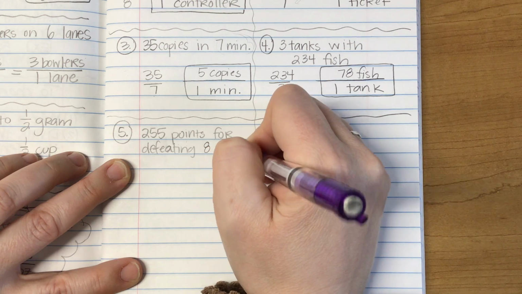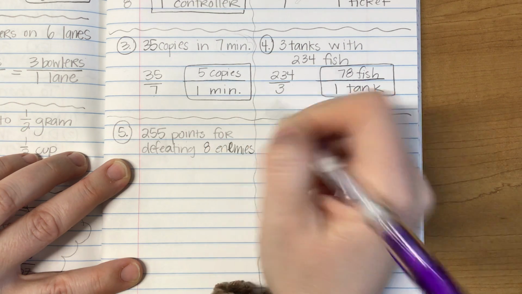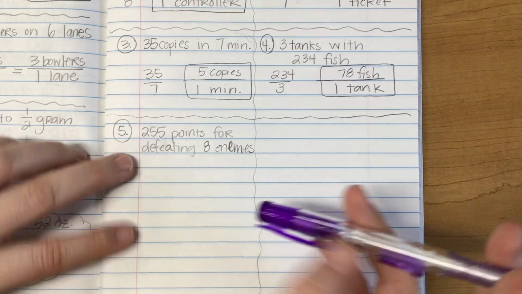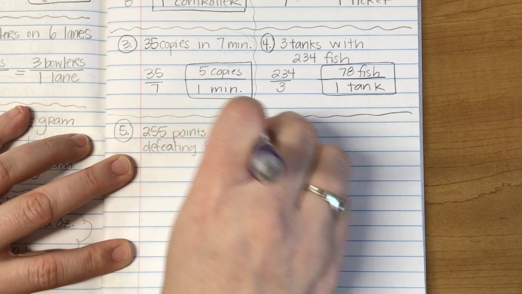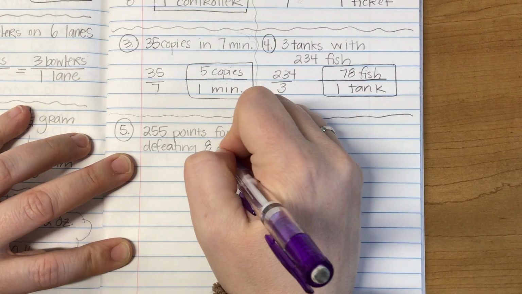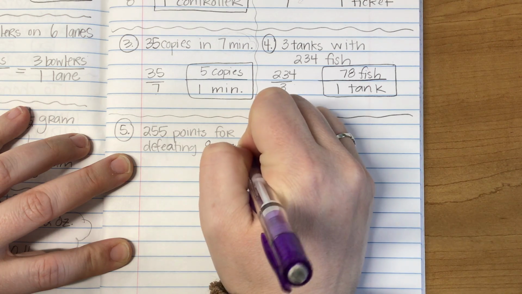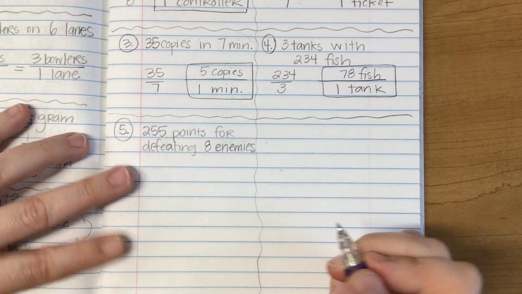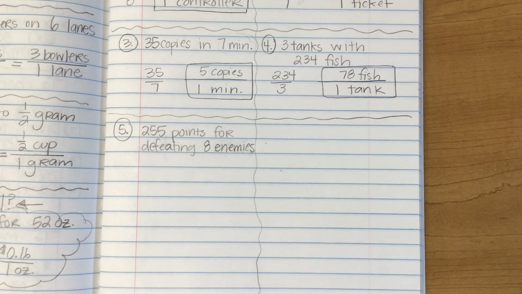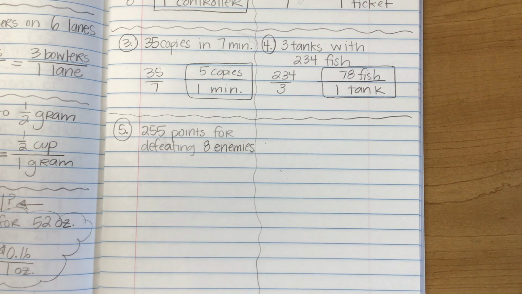I'll rewrite that one too. That's hard to see, my handwriting today. 255 points for defeating 8 enemies. What do we think?